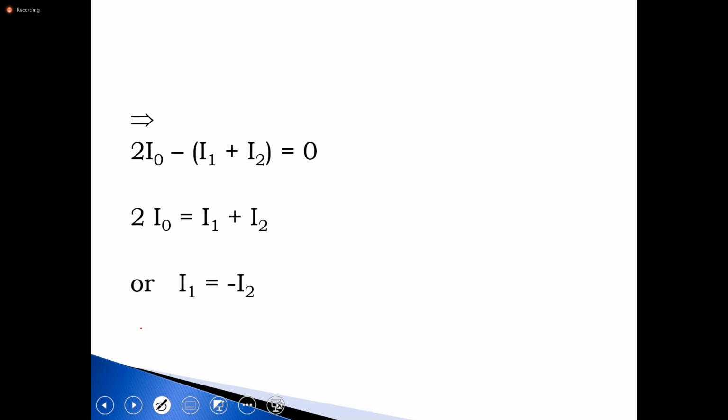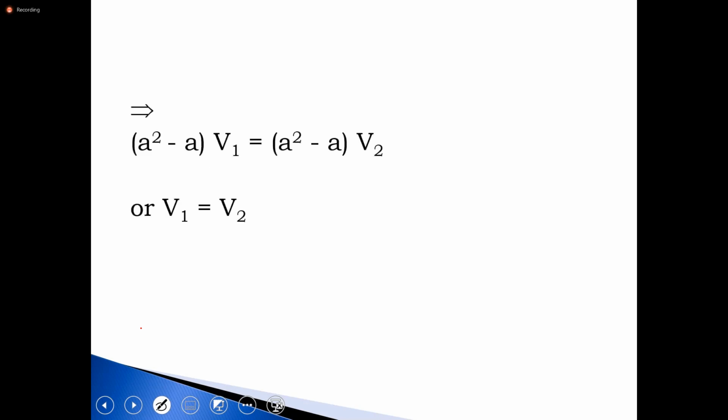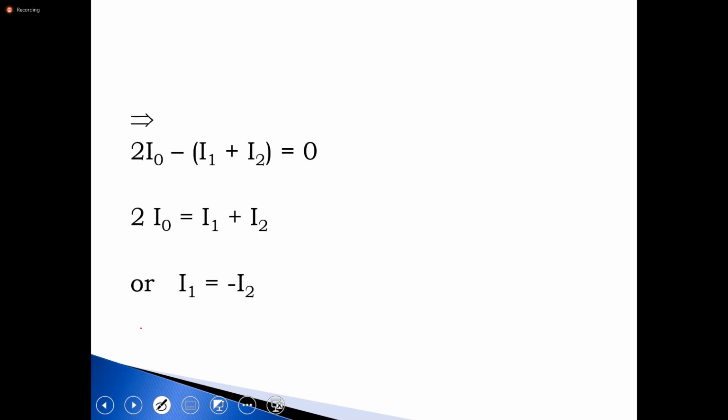If you have the two terminal voltages equal, which is what we just showed, V1 is equal to V2, that's what we showed earlier, right? And I1 is equal to minus I2.